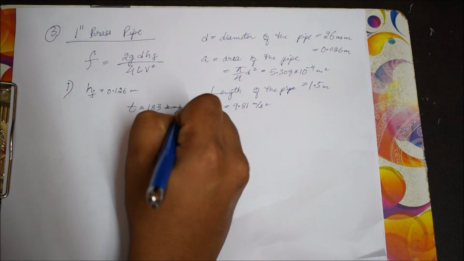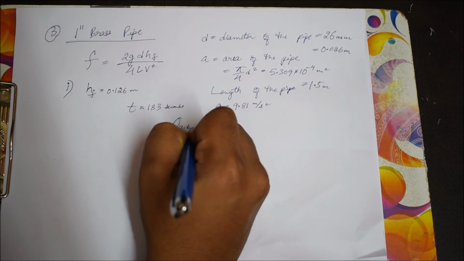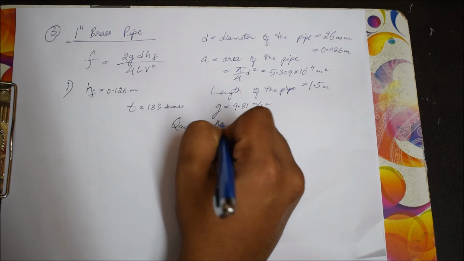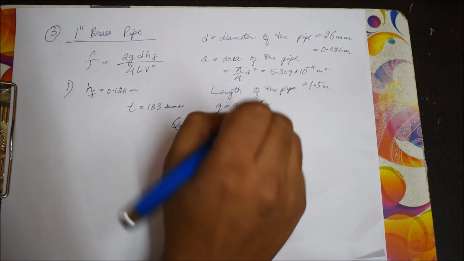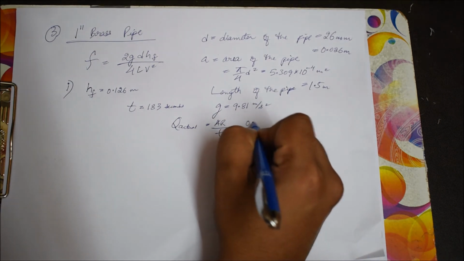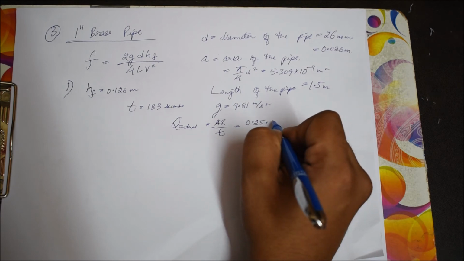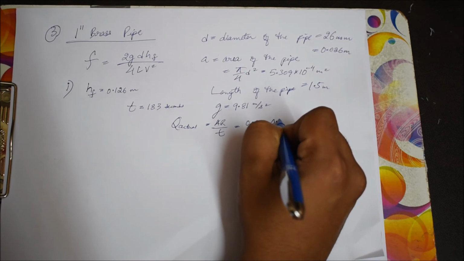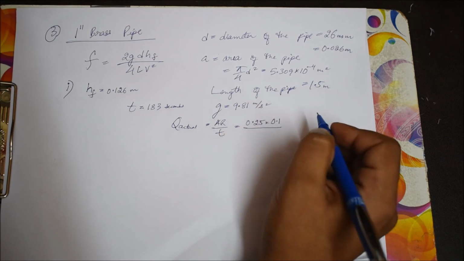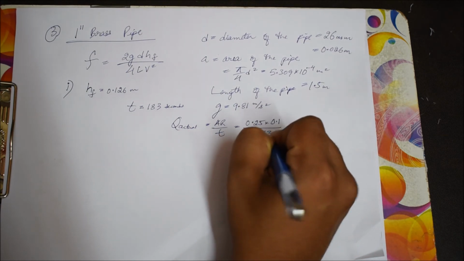So for this value, let us calculate Q actual, which is equal to A into R by T, where A is the area of the collecting tank, which is 0.25 meter square, and 10 centimeter rise in water level, which is 0.1 meters, divided by 183 seconds.